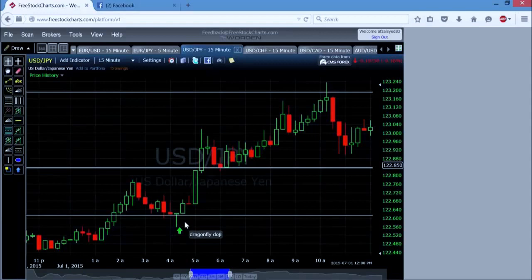The opposite of the dragonfly doji is called a gravestone doji. A gravestone doji is where this is inverted upside down on a resistance level. So I don't have anything right now here, but just imagine an upside down one over here, right? And the next candle opens as green, then red, which means that the price is reversing back, right? So these are important ones too.